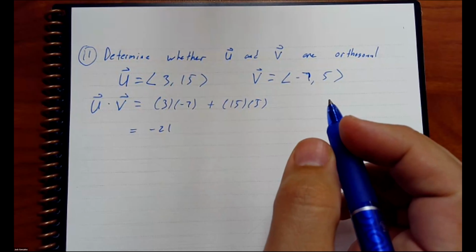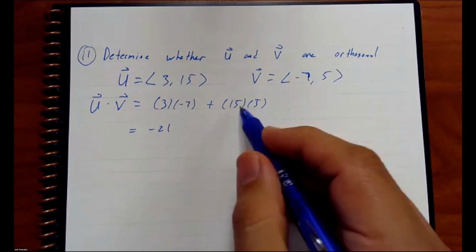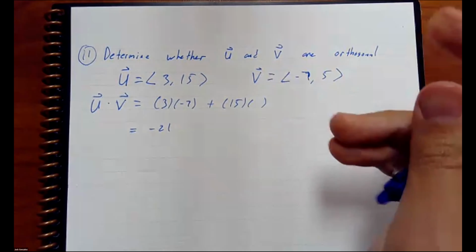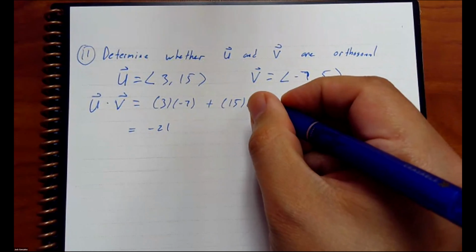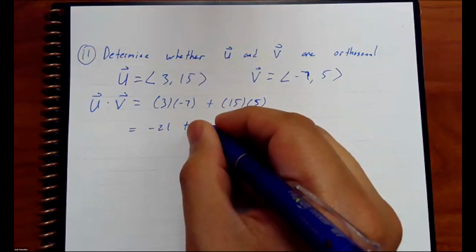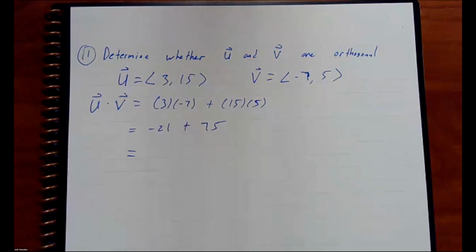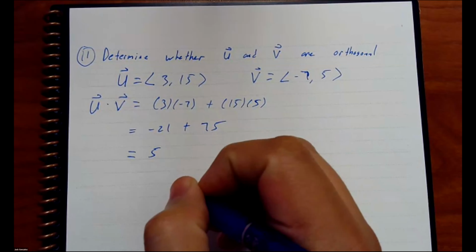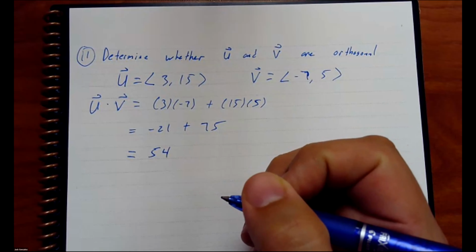What's 15 times 5? 75, right? Yes. Okay, minus 21. It's not 0, is it?